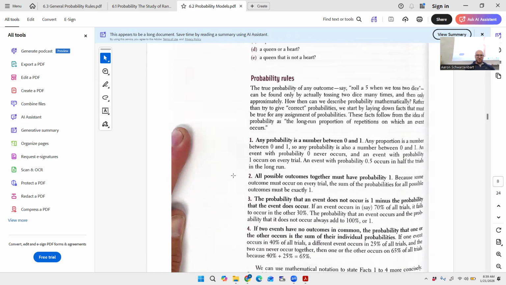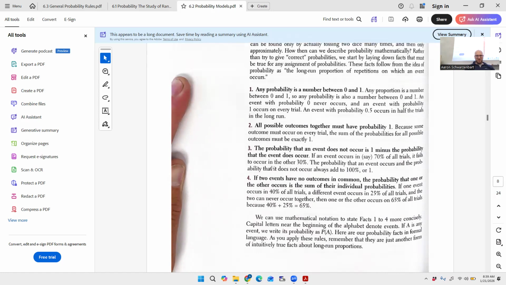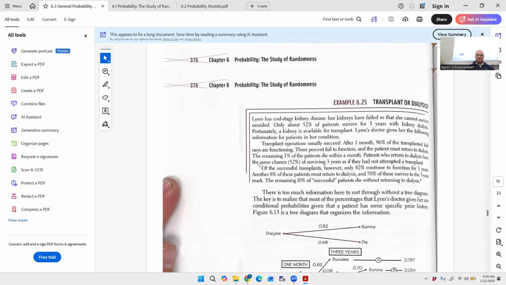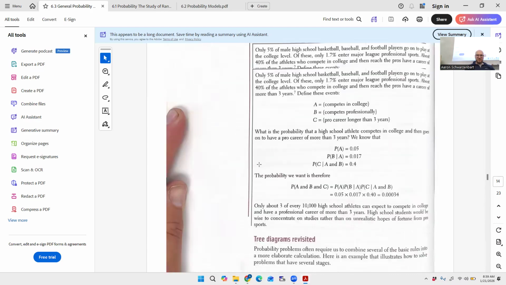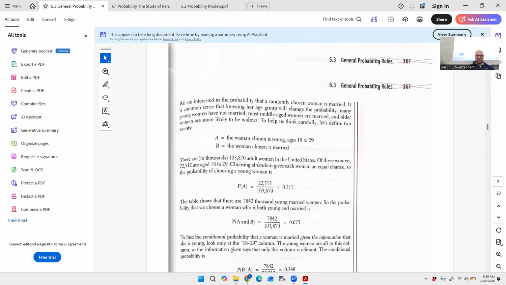Okay, probability rules. I'm just going to show you 5 of them in notation. The notation is at the beginning of this, and it'll be reviewed in your video tomorrow; I'll give you more detail today.